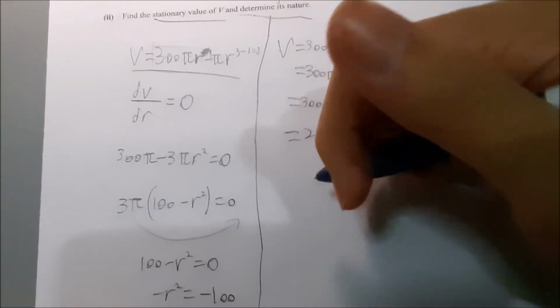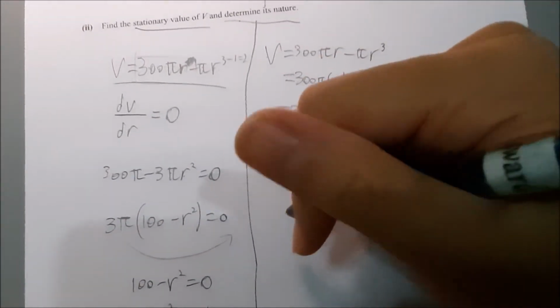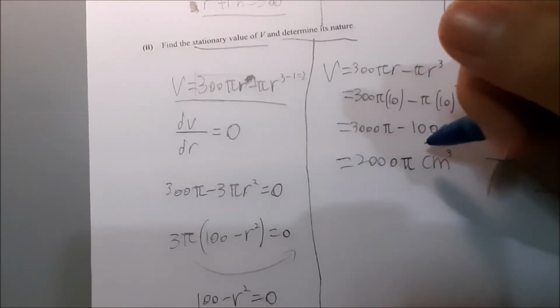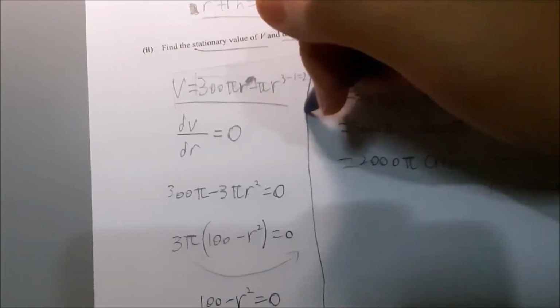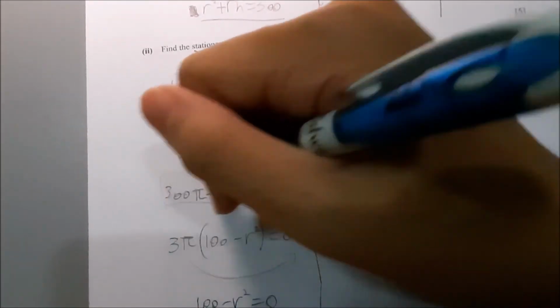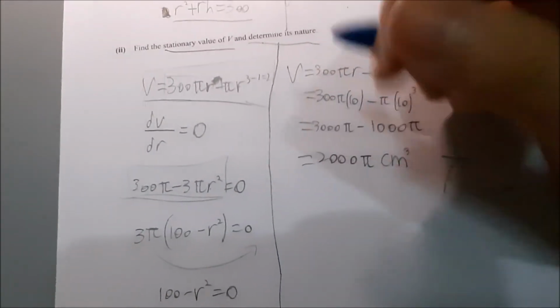So if you have to determine its nature, you have to differentiate the equation twice. Since you have already differentiated once here, you can just differentiate this equation once more.